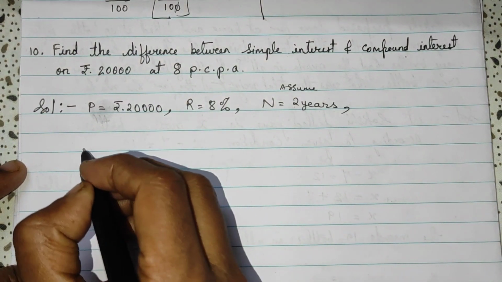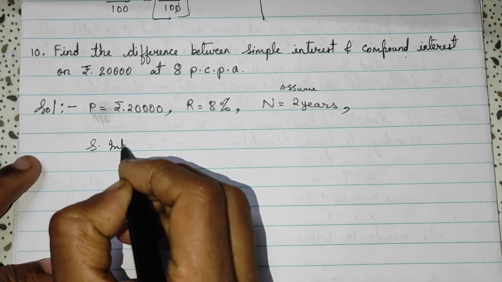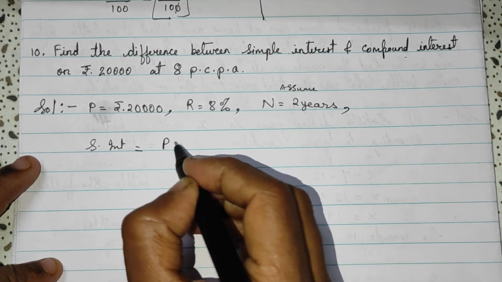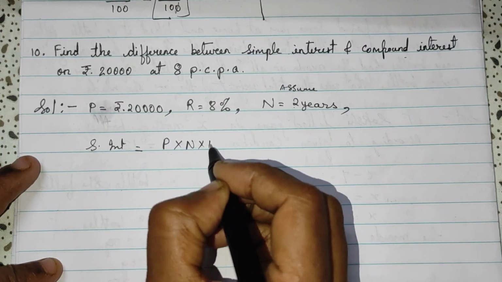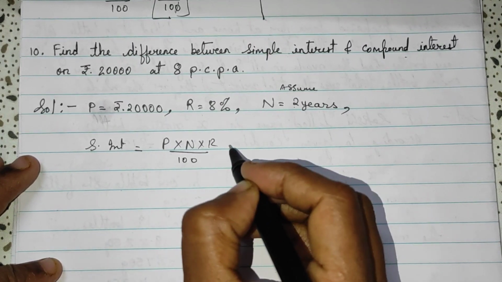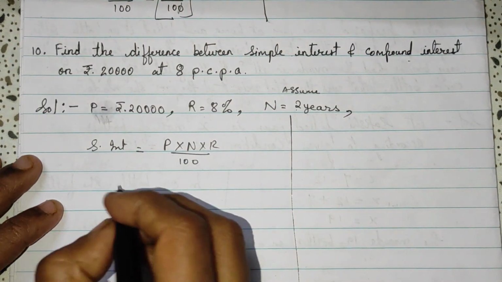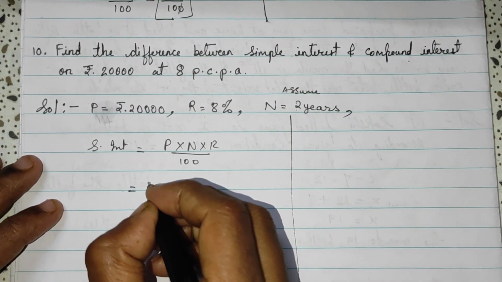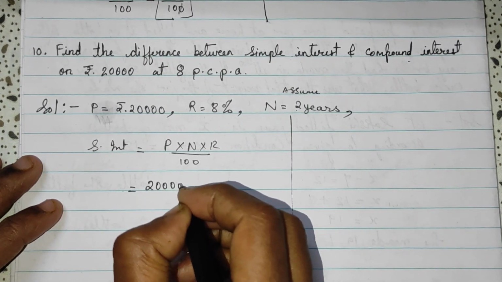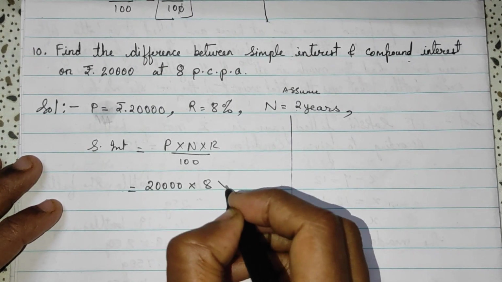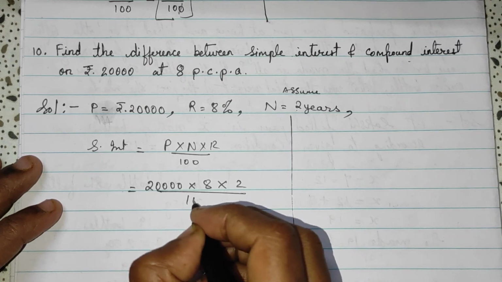So the simple interest formula is, simple interest is equal to P into N into R upon 100. So that means principal is 20,000 into R into 2 upon 100.